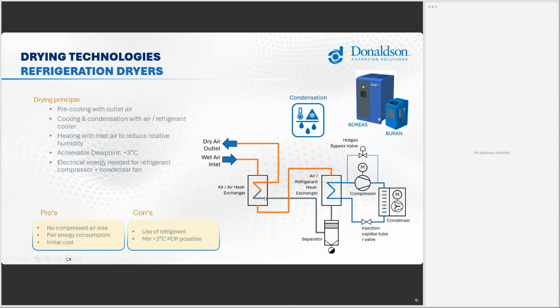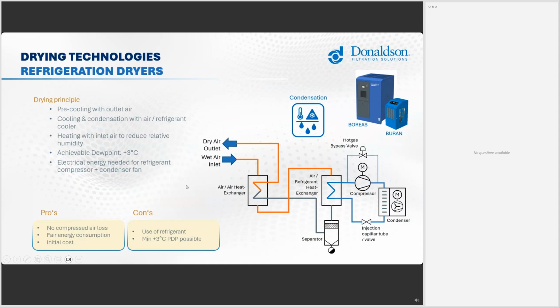Therefore, it's important that we have this air-air heat exchanger, and the wet inlet air heats up the air coming out of the refrigeration circuit heat exchanger again. And here at the outlet, you have a dew point of 3 degrees Celsius, and your relative humidity is in the range of, let's say, 10%. So the air is really, really dry when it comes to the outlet.